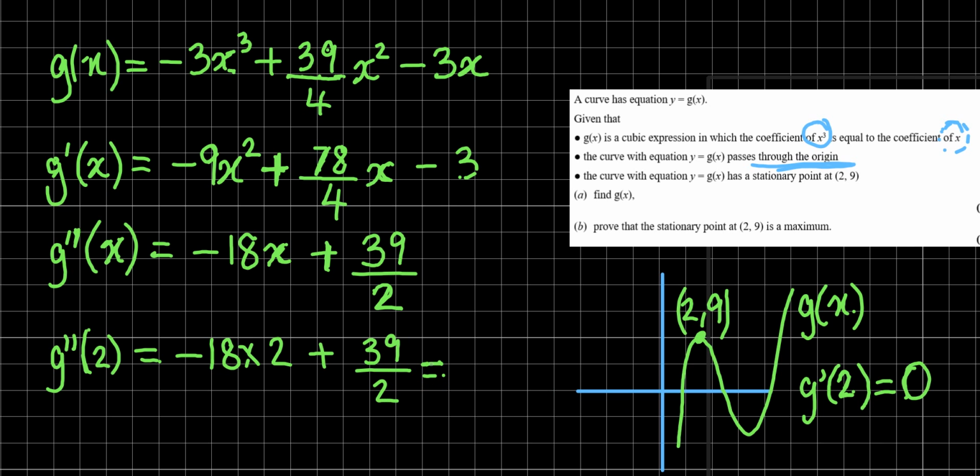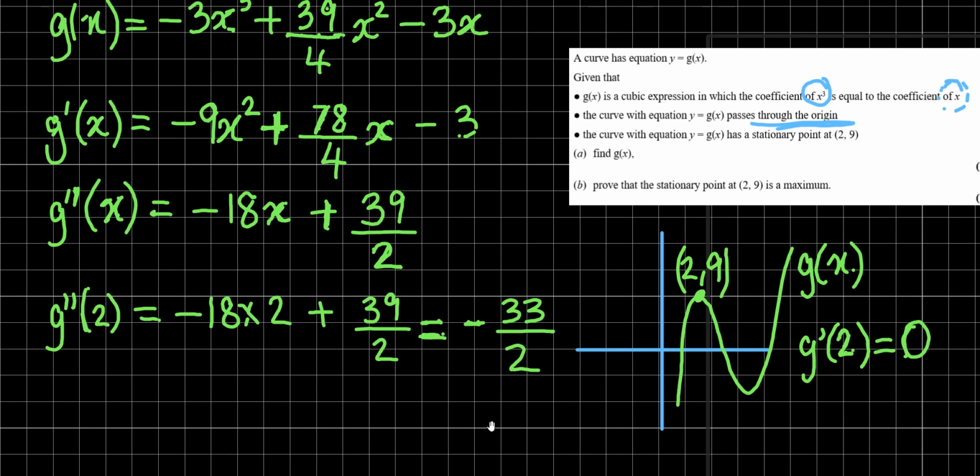Now that's going to be a negative value, minus 33 over 2. Because that's a negative value, it means that it is a maximum point. So we can conclude that when x is 2, we have a negative value, so it's less than 0. Therefore, it is a maximum point.